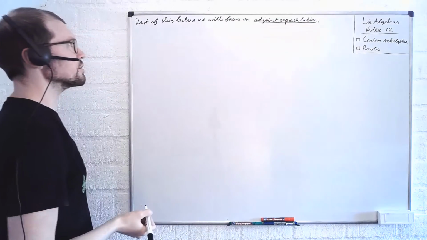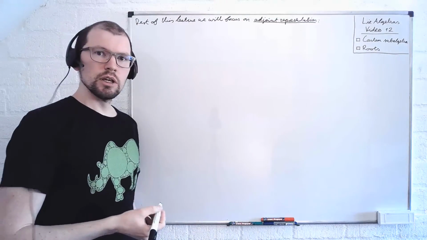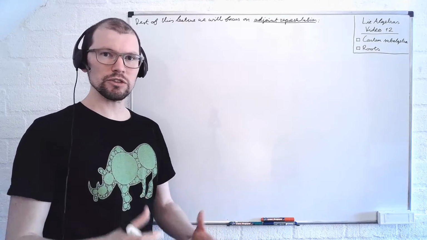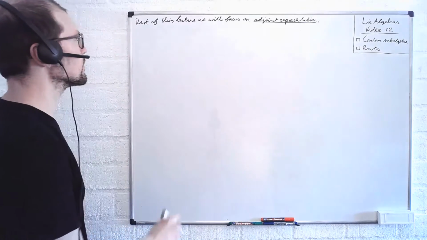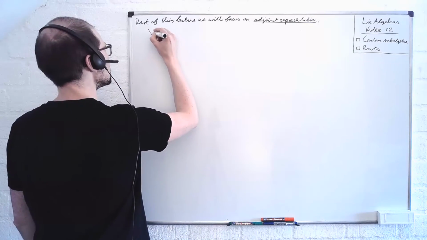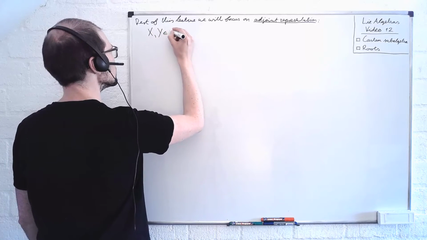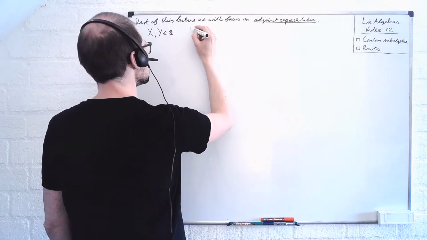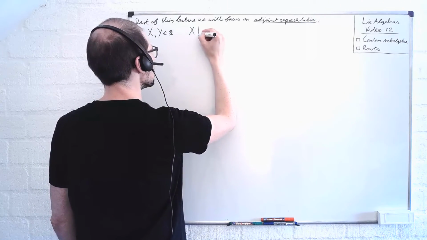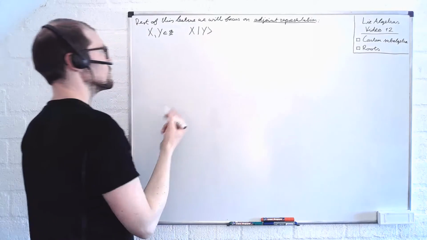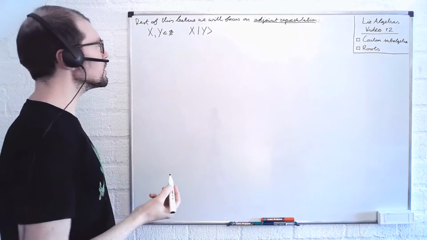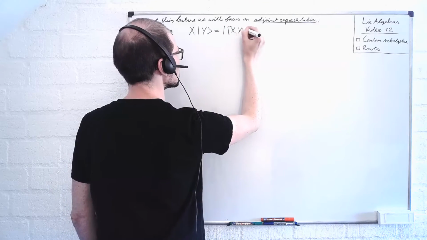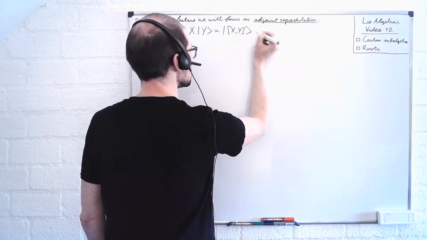So recall from last week that the adjoint representation of a Lie algebra is a representation that acts on the vector space that is the Lie algebra itself. So if I have two generators x and y in the Lie algebra, then I can consider the action of x on the vector y given by exactly the Lie bracket of these two generators.